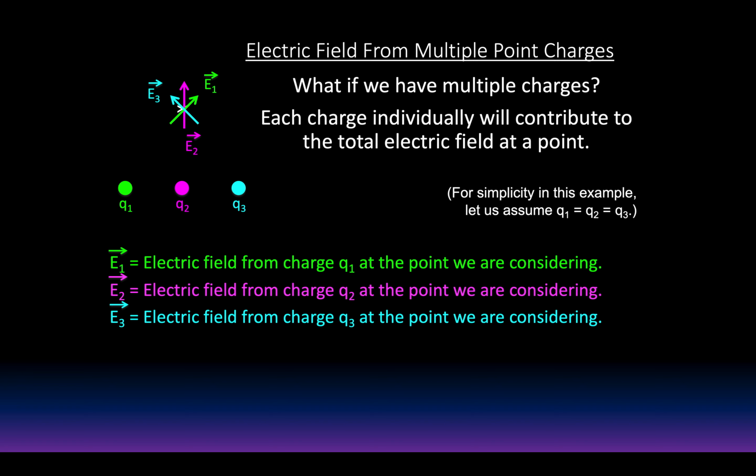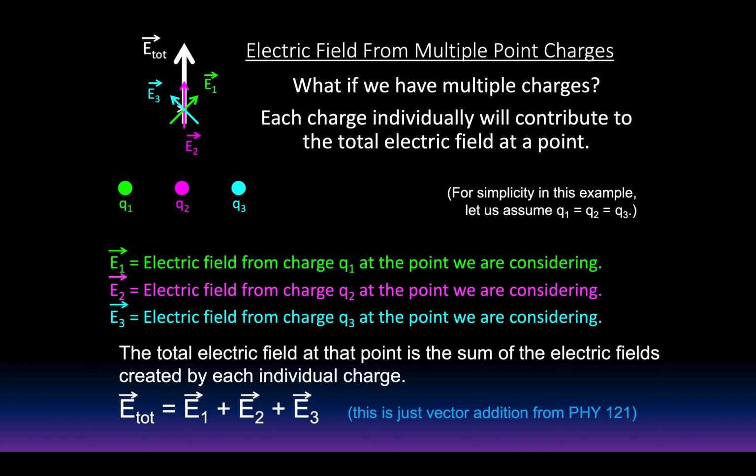So to find the total electric field, I would have to add these three electric field vectors together. And if I take some type of electric field measuring device, I would find an E total that looks something like this.